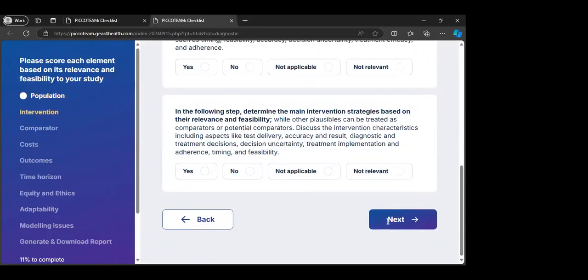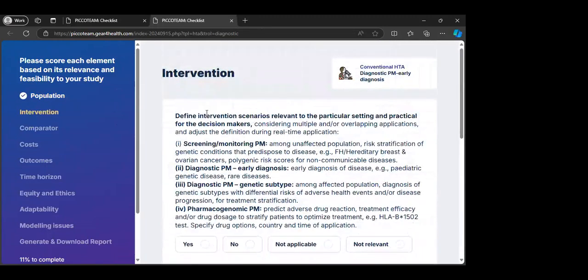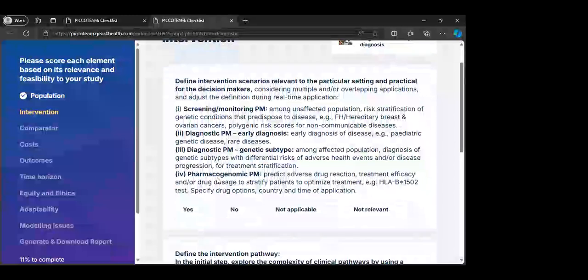Then you can click next, and when it goes to intervention, to design an intervention pathway, our reference case strongly recommends the engagement of clinical experts in designing the interventional pathway. Before you design the pathway, of course, you need to decide what this test is mainly about.